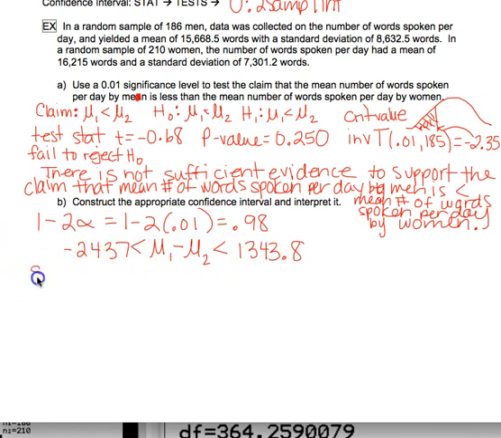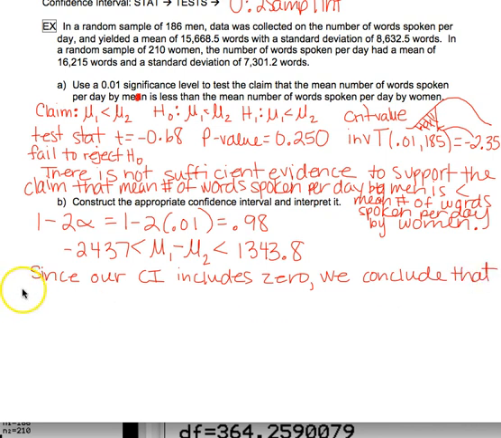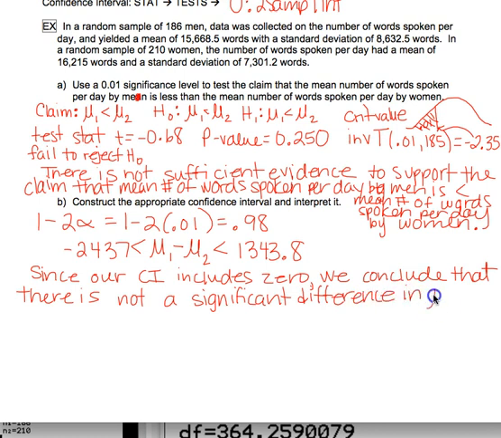So we would say that since our confidence interval includes 0, we conclude that there is not a significant difference in mean 1 and mean 2.